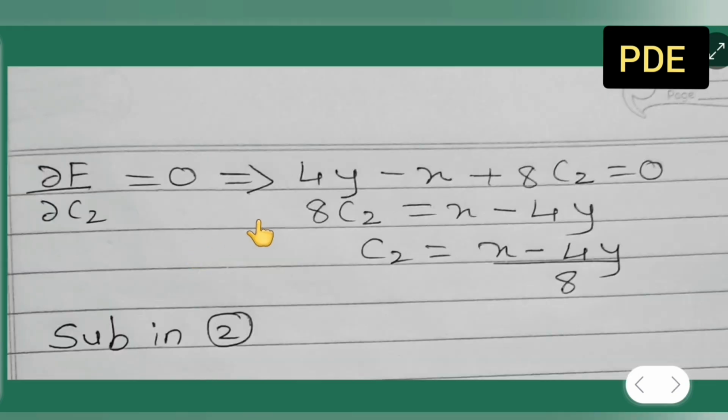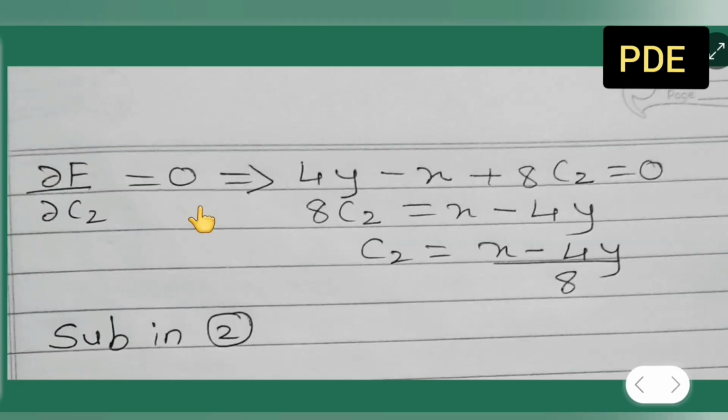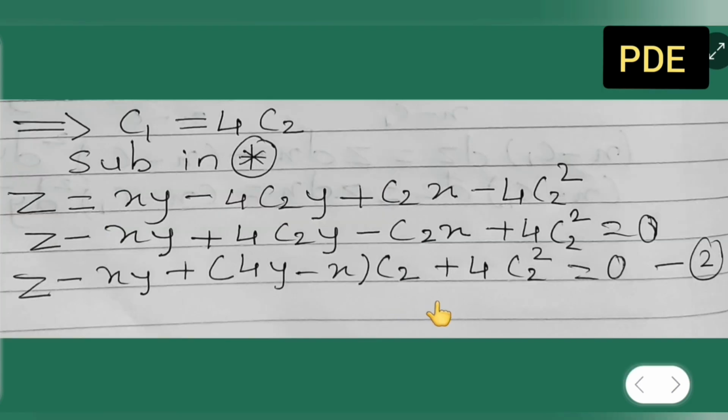Now, dou f upon dou c2 is equal to 0. Meaning, I am going to differentiate this equation 2 with respect to c2. So what I am going to get is dou f upon dou c2 is equal to 0, which implies 4y minus x. See, in this there is no c2, so it will be 0.